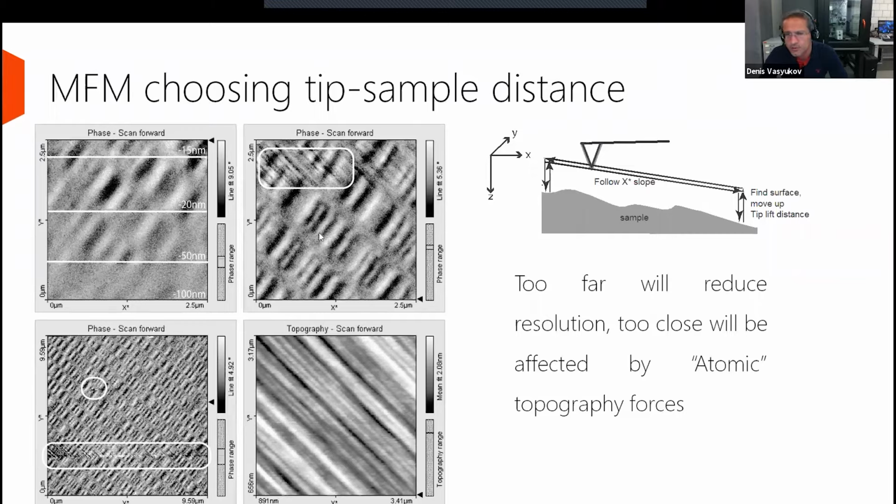This is the topography, and on the top right tile, here in this white rectangle, you see there is a mix of topography and the magnetic image. So to avoid that, you do a series of images or lines, same as we did here, and you find the closest distance where you still don't have this contribution from the topography. So this is how you do it in practice.